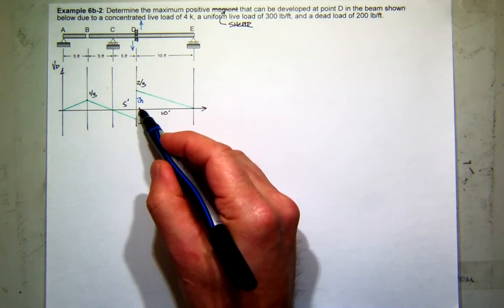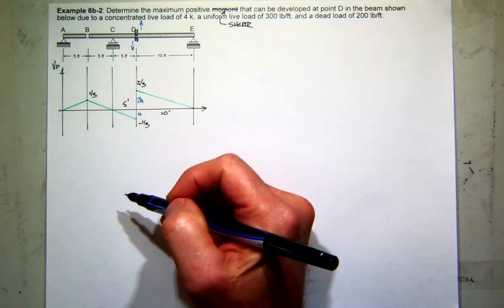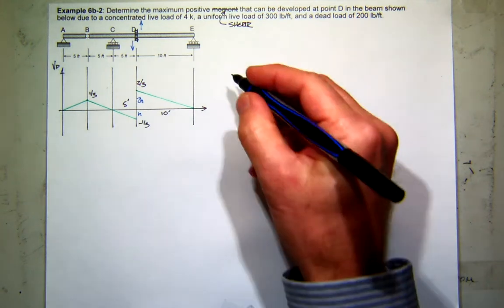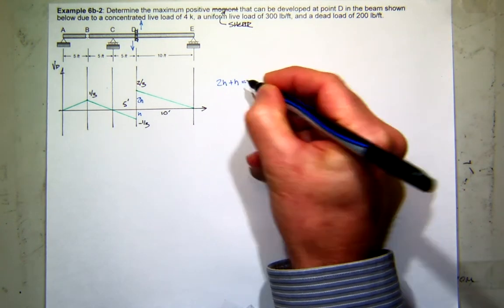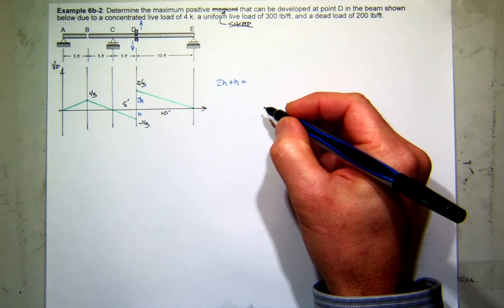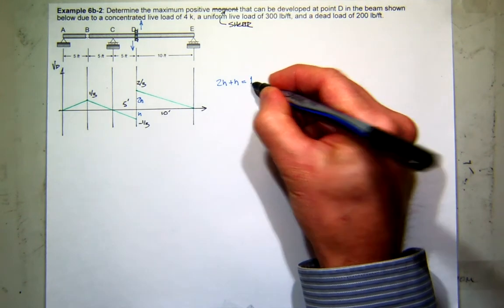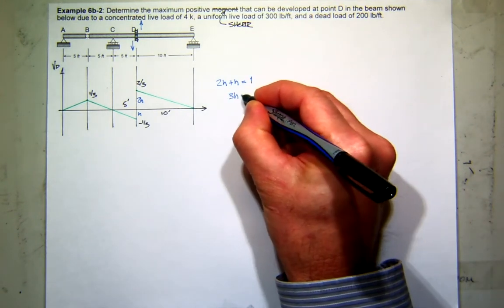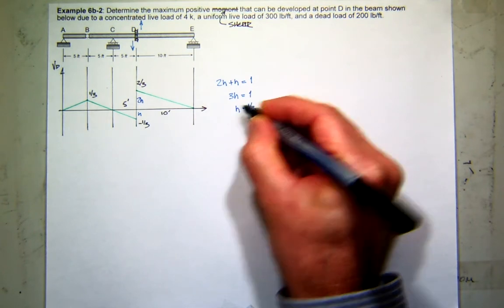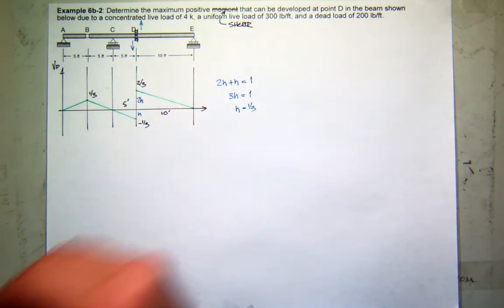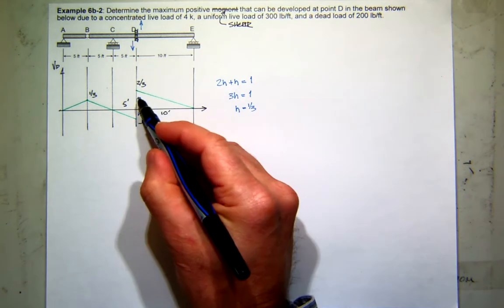So if the height is h, this has to be 2h. And we know that 2h plus h has to be equal to 1. So that says that 3h is equal to 1, which says that h is equal to 1/3. This would be 2h, or 2/3.